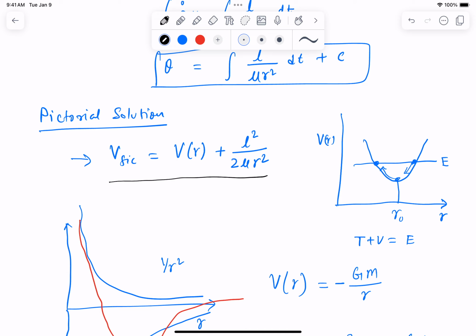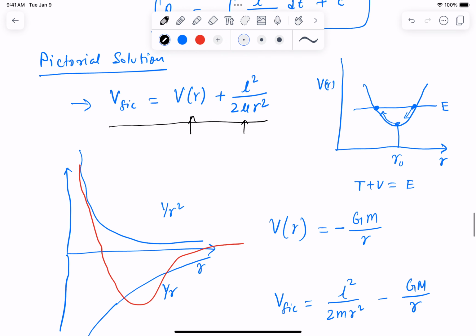So the fictitious potential was the actual central potential plus this additional part that you can think of as coming from the centripetal force. The net fictitious potential is the original central force potential plus this additional part. So studying it is very similar to studying a system with just one potential.